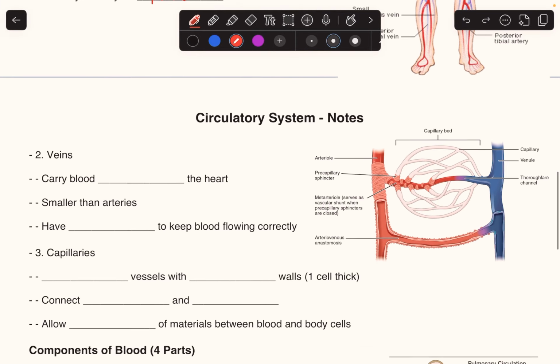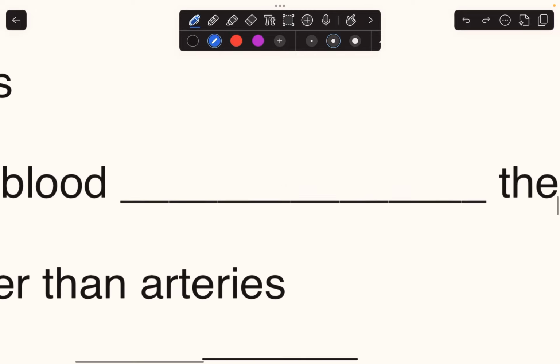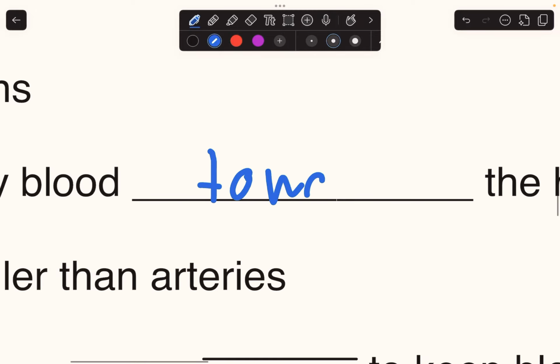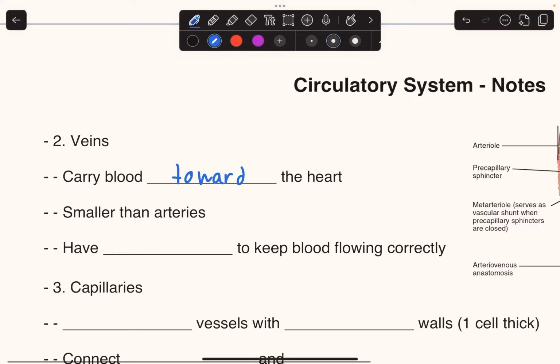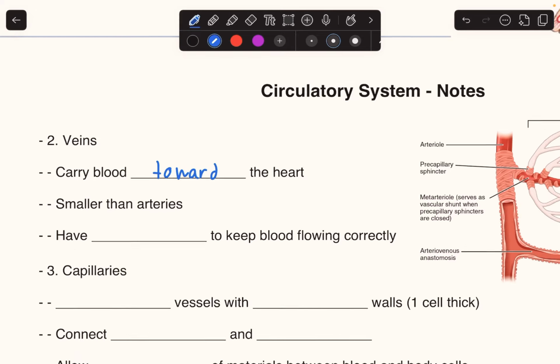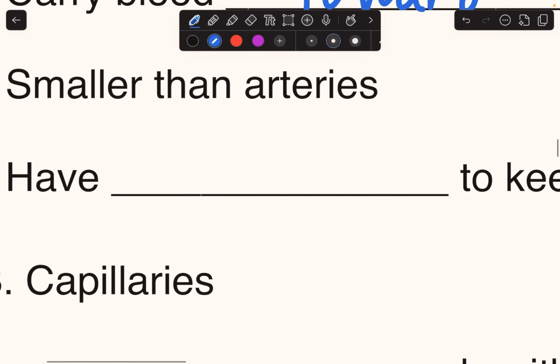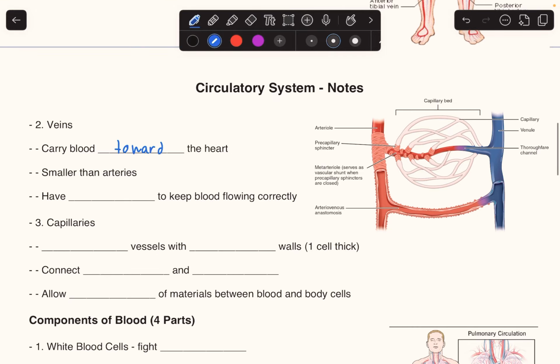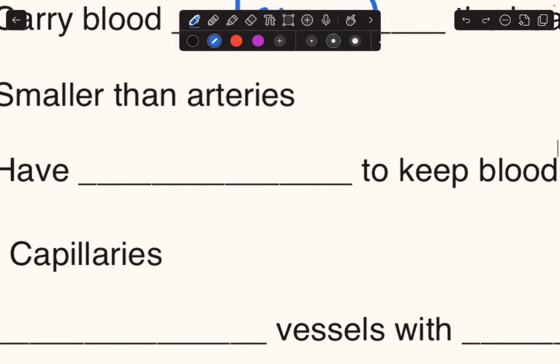Okay, now we'll talk about veins. Veins carry blood toward the heart. They have valves to keep the blood flowing correctly.